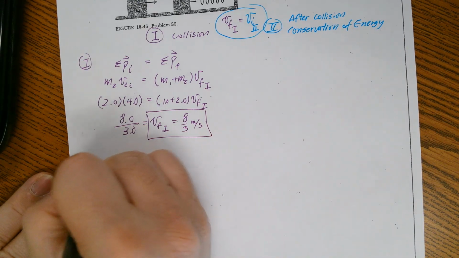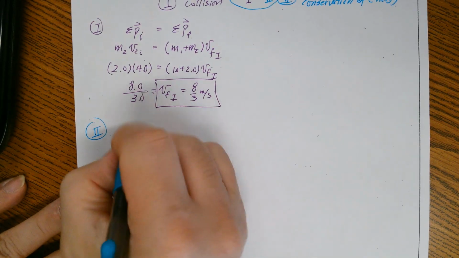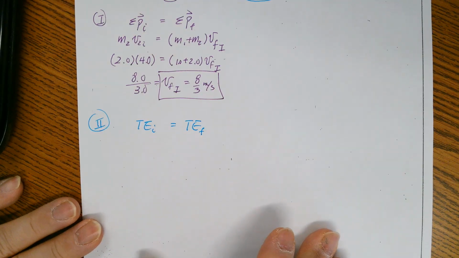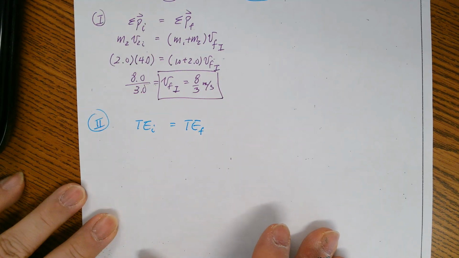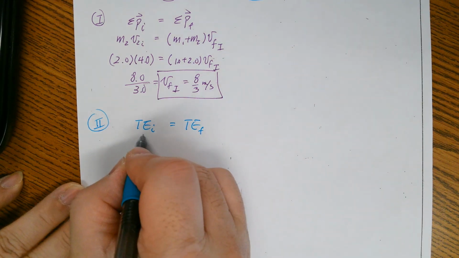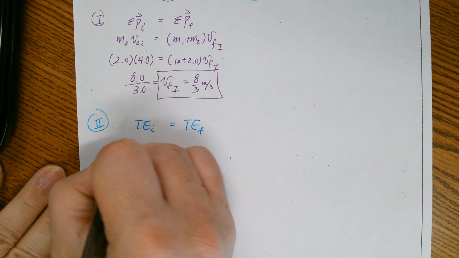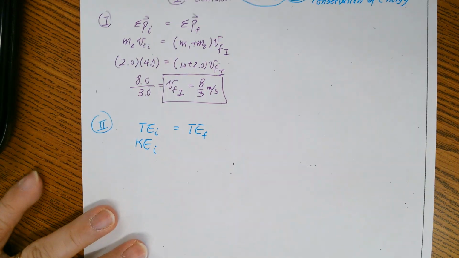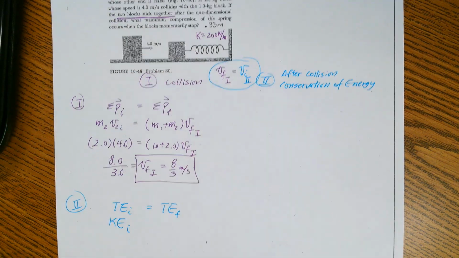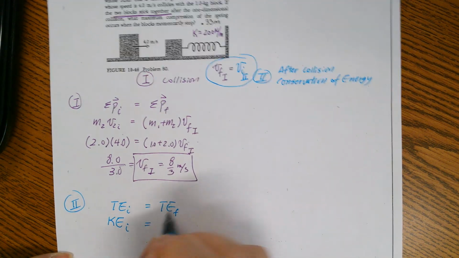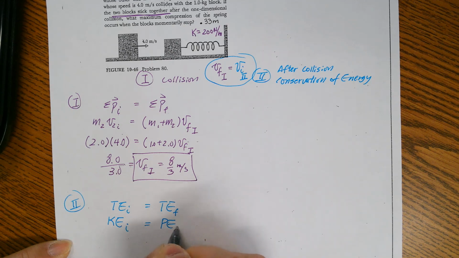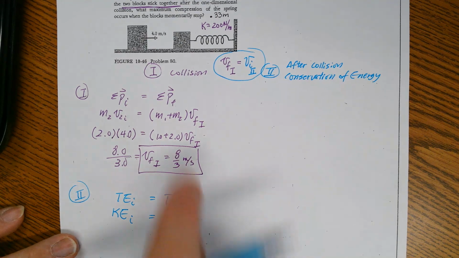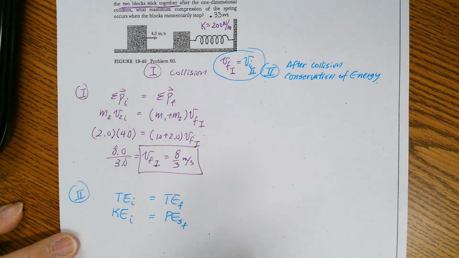Now, total energy initial must equal total energy final. Total energy initial is just the kinetic energy of the two blocks sticking together and moving as one. That has to equal the potential energy of the spring final. There's no height change, so we don't have to worry about gravitational potential energy.